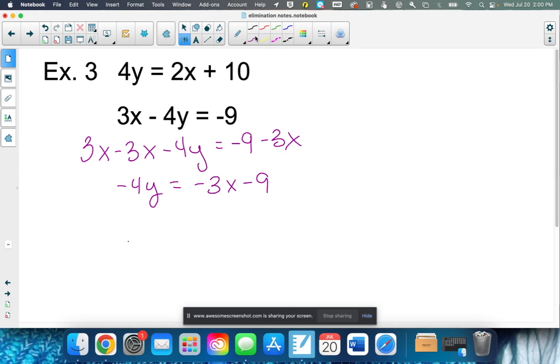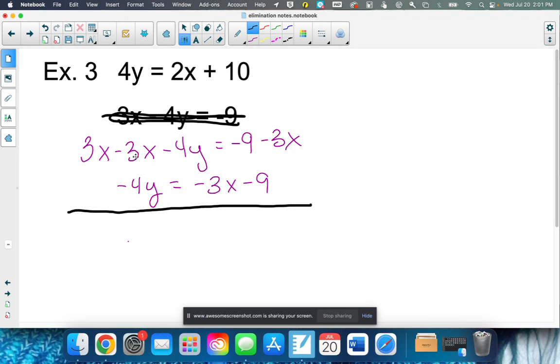So what I'm going to do is ignore my original equation. I don't need that one anymore because they have to be written in the same order. So now they're lined up. I have the y and then the equals and then the x and then the number. This is good. So I'm now going to decide if I have to add or subtract.